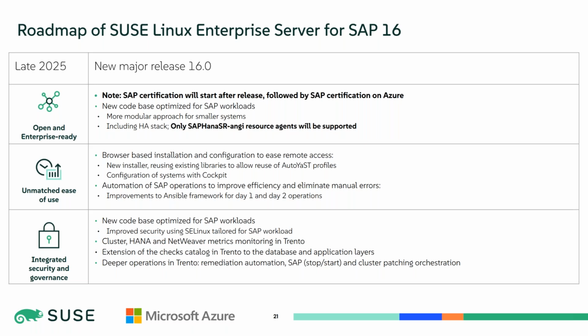The certification won't start until the official release, so it's going to take some time. Our goal is to have HANA certified on this release in early calendar year 2026. Then Azure would take that certified combination and certify all the instance types with SAP separately. That means another couple of months.